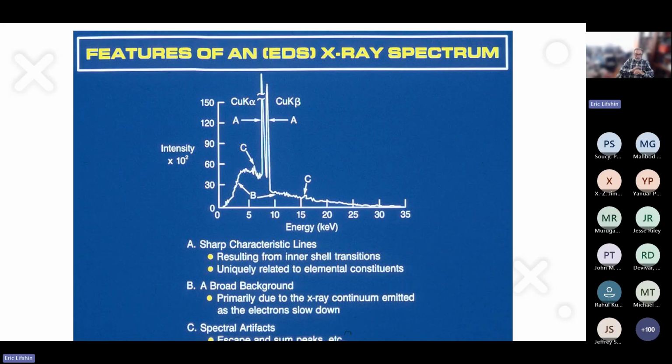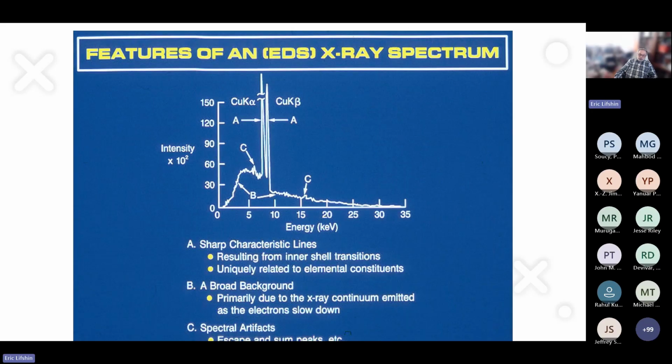So let's look at the features of an EDS spectrum. It's a plot of intensity versus energy, and the characteristic lines we talk about are due to the core ionizations I've discussed. But we also see a broad background through here, which is called the continuum or Bremsstrahlung, which in German means braking radiation.